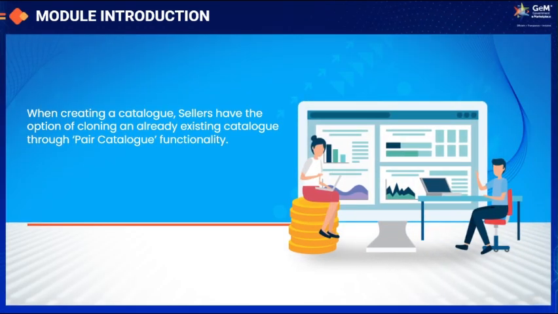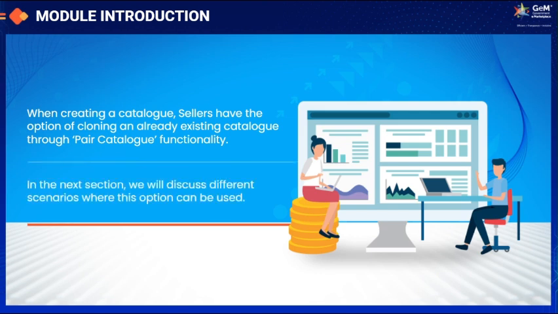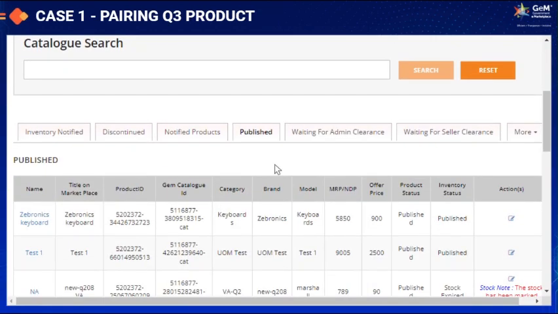When creating a catalog, sellers have the option of cloning an already existing catalog through pair catalog functionality. In the next section, we will discuss different scenarios where this option can be used. Let us look at the scenario of cloning catalog for products under Quadrant 3.